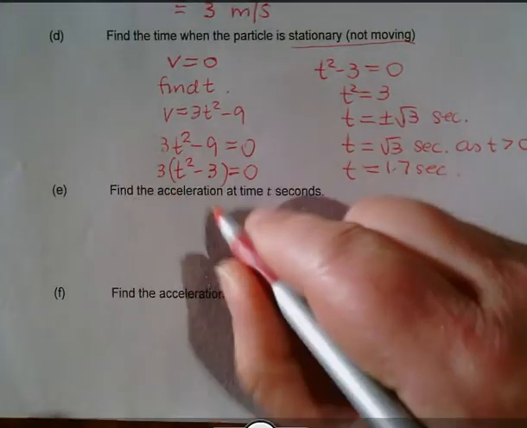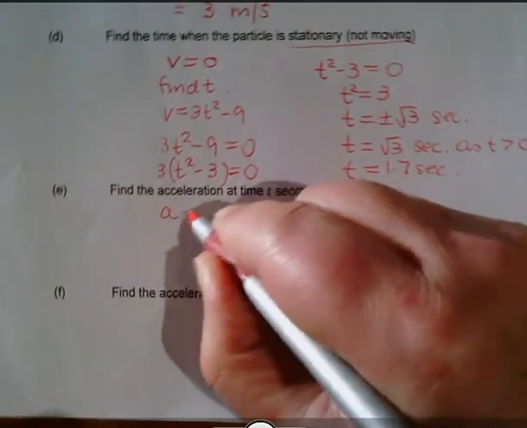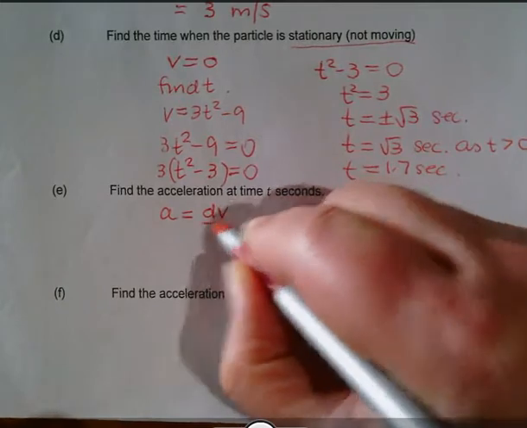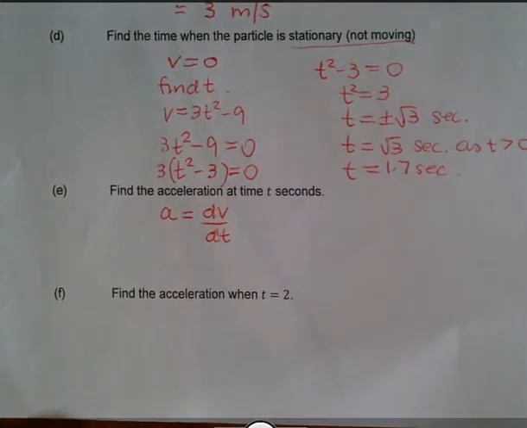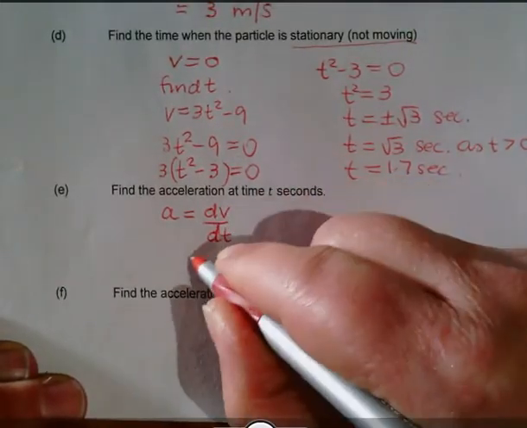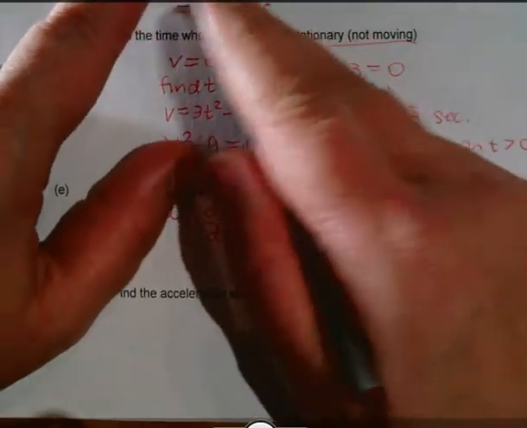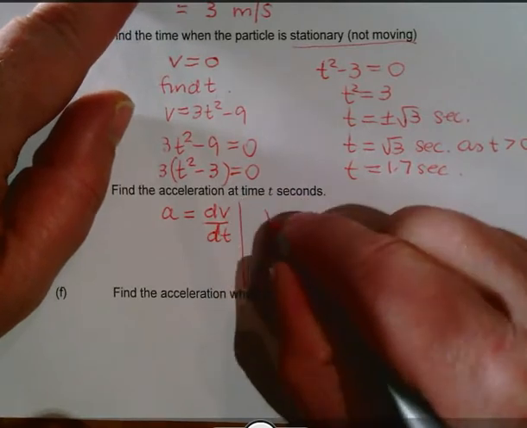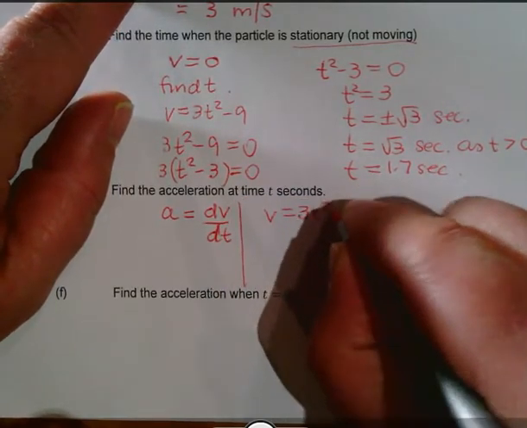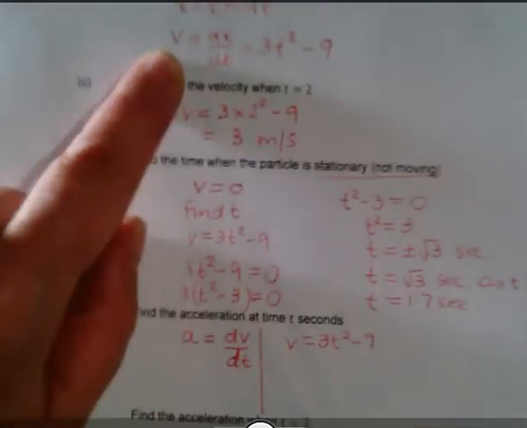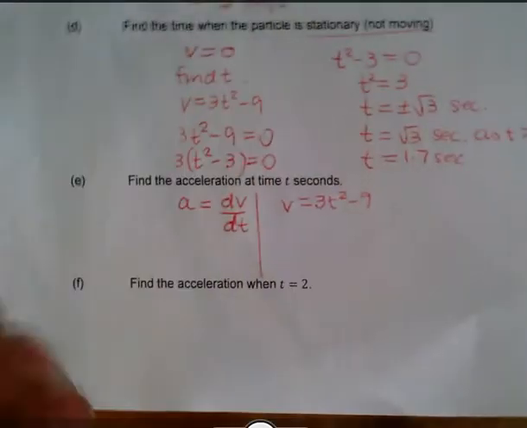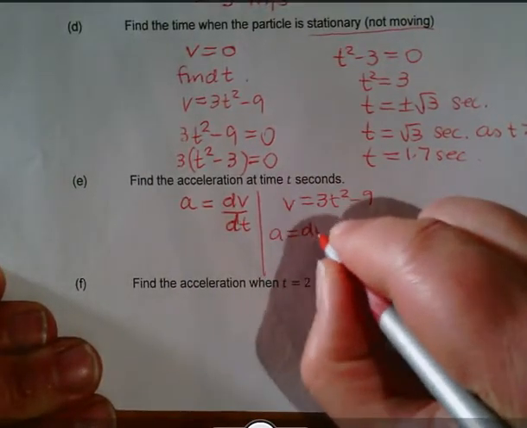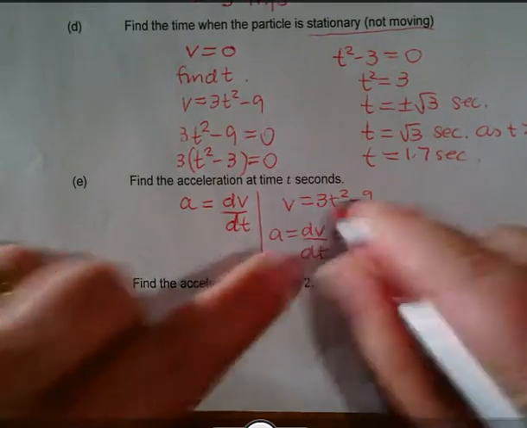Now the next question is to find the acceleration at time t seconds. Now we know that acceleration is dv/dt if you look further up on your sheet. So I know that v is 3t squared minus 9. So I've got v equals 3t squared minus 9 if I look up here. So acceleration is dv/dt, so I differentiate this.